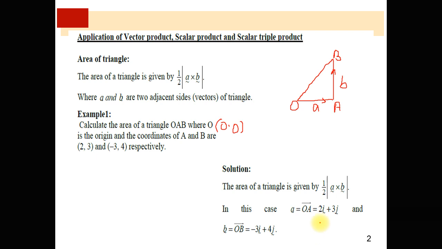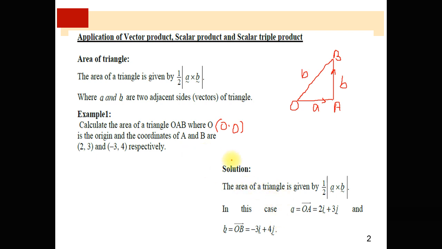We obtain vector A: 2i plus 3j. And this vector B is represented by, suppose, OB. Suppose B is here. OB means B minus O. So subtract O from B. We obtain minus 3i plus 4j.